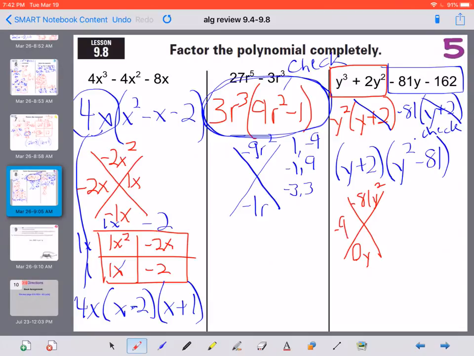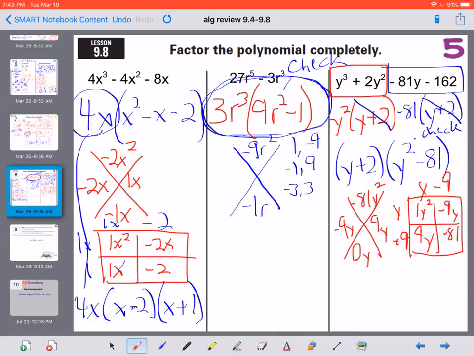Well, a negative 9y could, and a positive 9y could. So I can continue to factor this. This time we're going to have 1y squared and negative 81, negative 9y, and a positive 9y. So we have y, negative 9, and positive 9. So our factors then are y minus 9 and y plus 9.